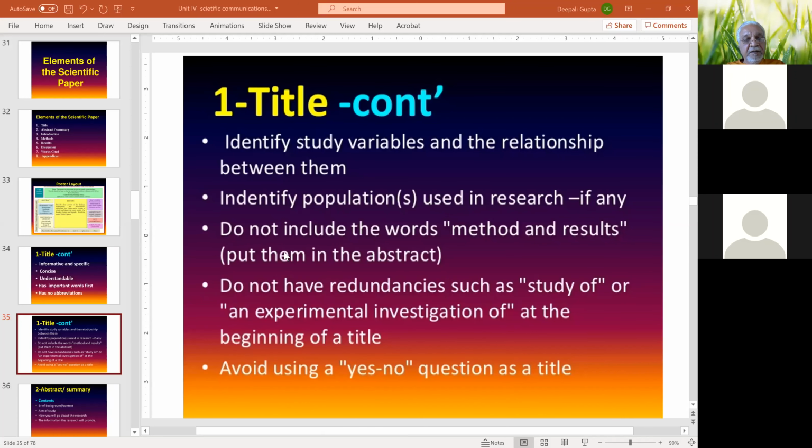Okay. So after the title, you have to write the abstract.